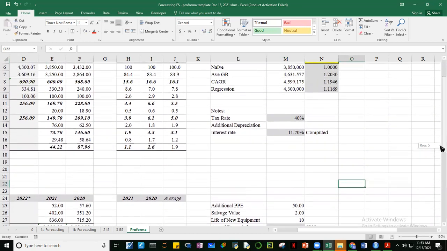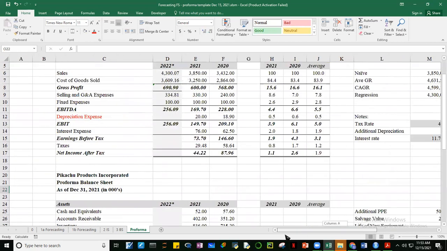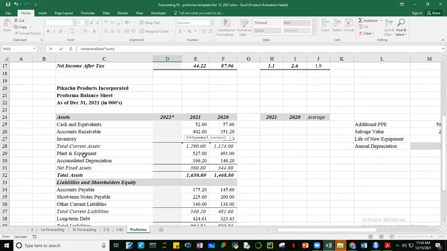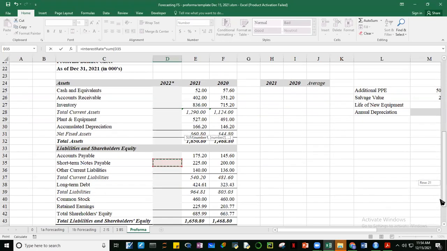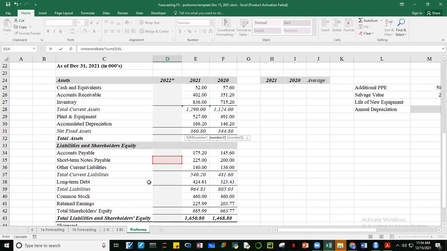Okay, so we can now compute for your interest expense muna, no? So this is equal to yung interest rate natin, multiplied by the sum of short-term notes payable, comma, and your long-term debt.